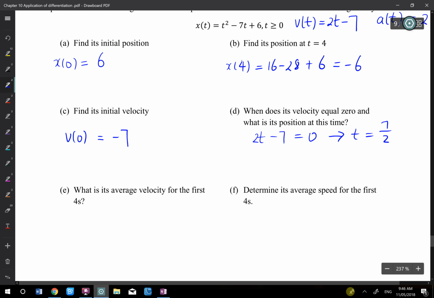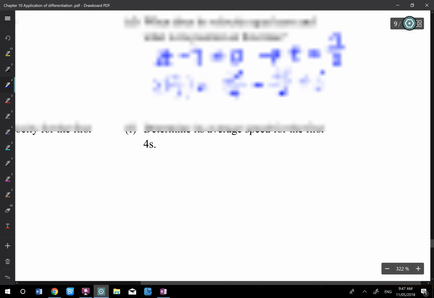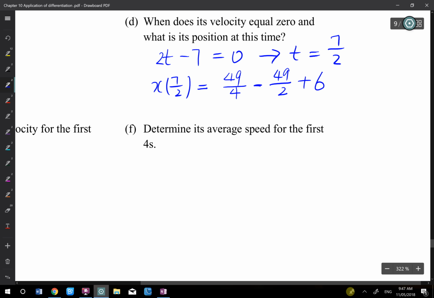And we have x, asking for position. x at 7 over 2 equals 49 over 4 minus 49 over 2 plus the 6.